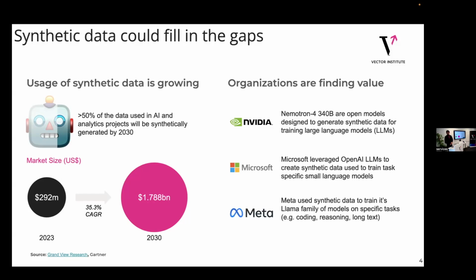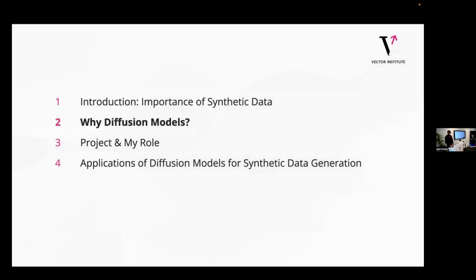A lot of the hyperscalers are doing this. NVIDIA has created a model where companies can go and create their own synthetic data and made that widely available. Microsoft and Meta have each used synthetic data to create smaller task-specific models where they may not have access to a large amount of the data for that specific task.